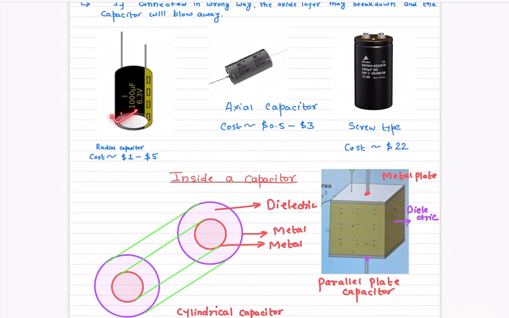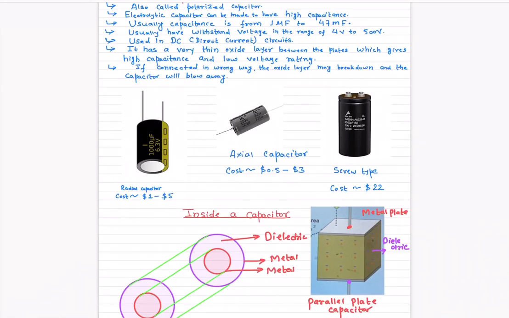In the electrolytic capacitor, this dielectric is an oxide layer, and this oxide layer is very thin. So if you connect this capacitor the wrong way, let's say this one to negative and this to positive, what will happen? The oxide layer starts conducting, or you will break the oxide layer and the capacitor will blow away.